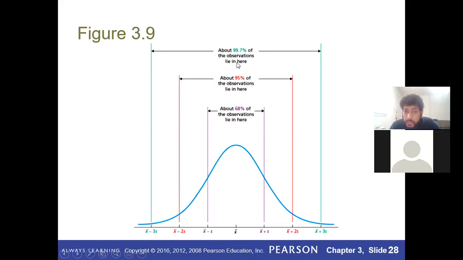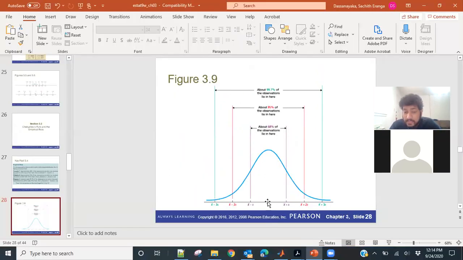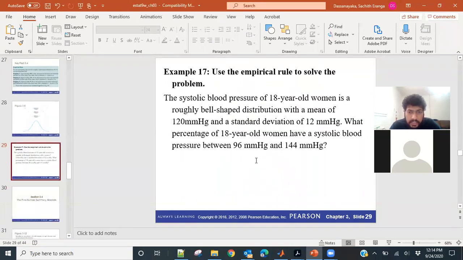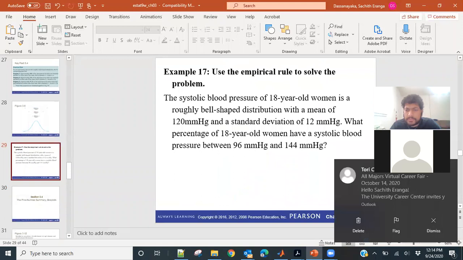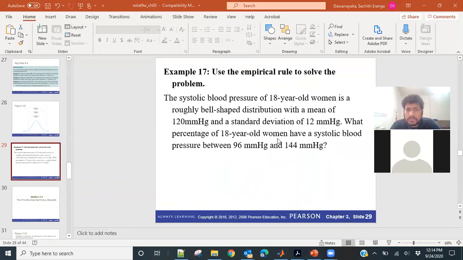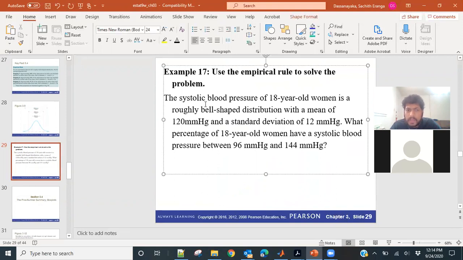So you can use these percentages and these one, two, and three standard deviations to find a particular percentage. I'll do this example. I already did it in the notes, but here I'll also do it using the empirical rule.